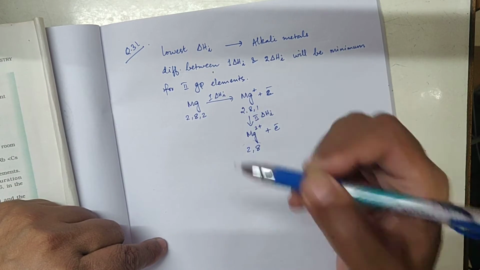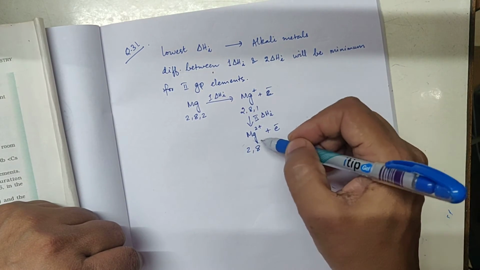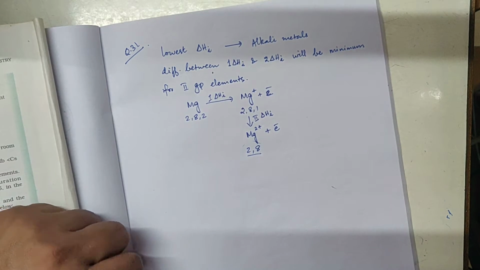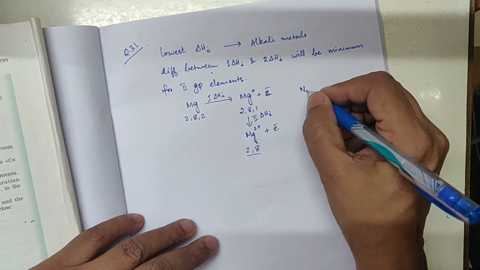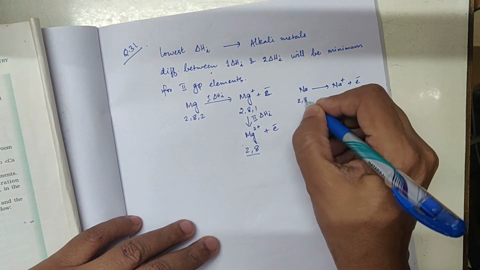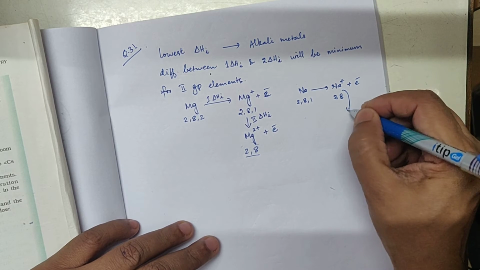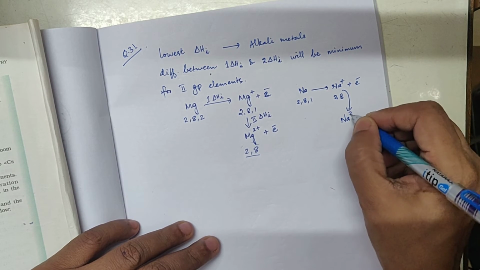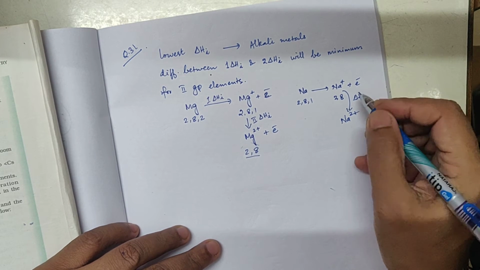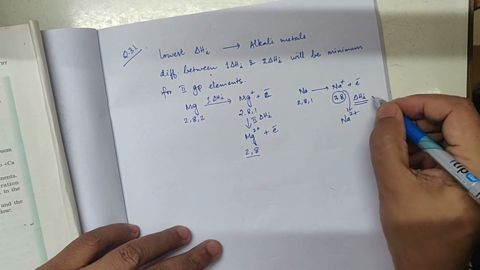So the difference between the two will be minimum in the case of second group elements, because after becoming a di-positive ion only, it will get the stable electronic configuration. Now if you compare it with that of, say, sodium. Sodium is losing one electron to become Na plus. Configuration is 2,8,1 and it has got 2,8. Now if sodium has to lose one more electron to become Na2 plus, then the amount of energy required to remove the second electron from a stable electronic configuration will be very, very high.